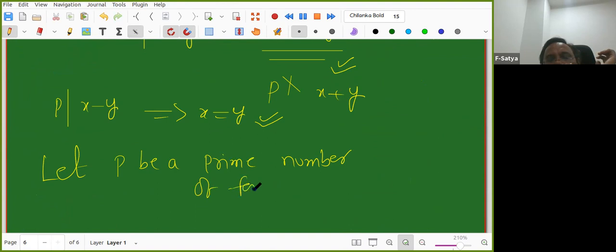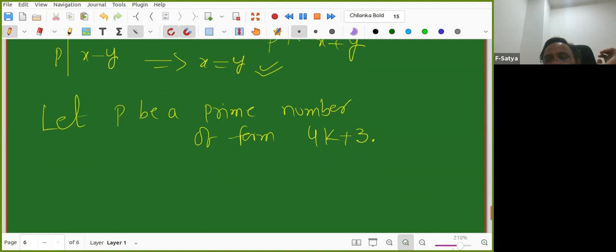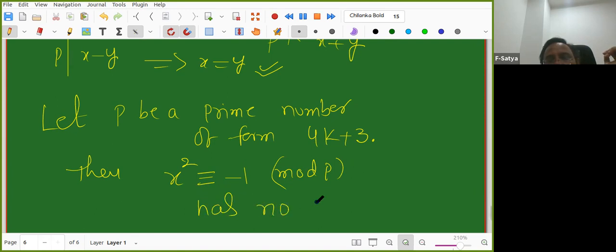Then what is the conclusion? Then x square congruent to minus 1 modulo p has no solution. You remember I gave this in the exam also.